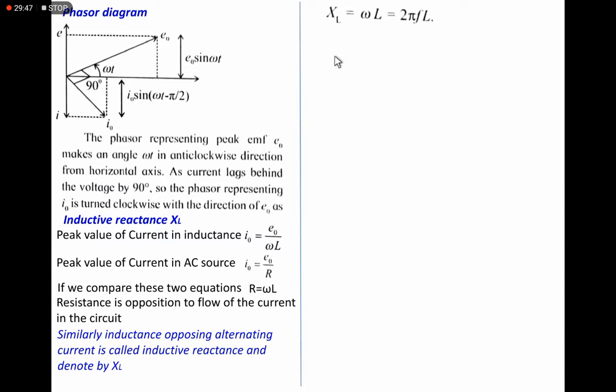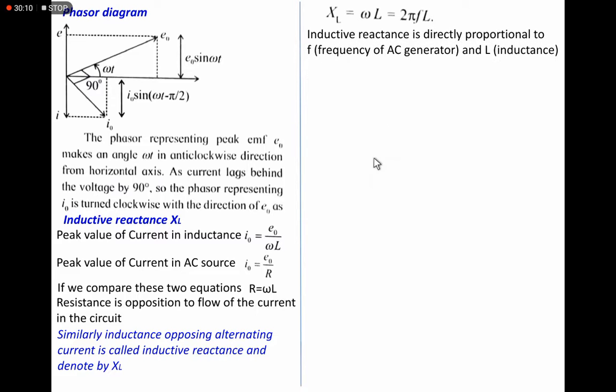It is in direct proportion, which means if the frequency of the AC generator increases, the inductive reactance increases. If the value of the inductance coil increases, the inductive reactance increases, meaning the opposition to the flow of the current in the AC circuit will increase. So this is about the inductive reactance.